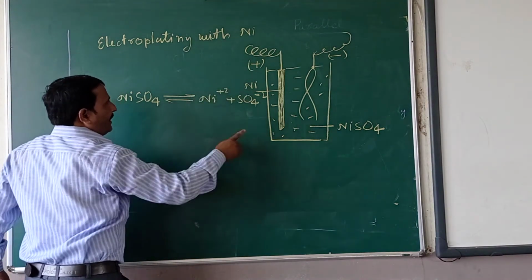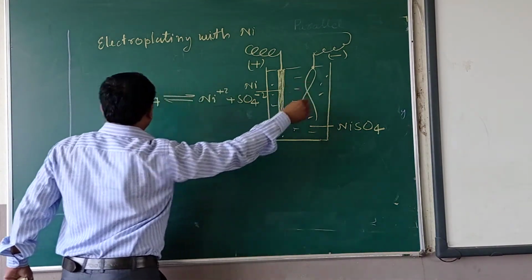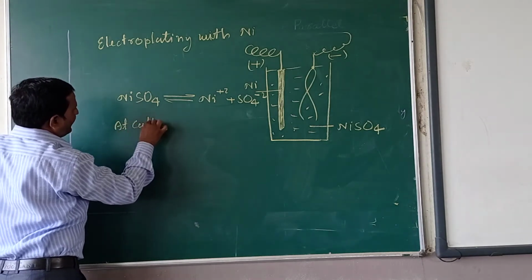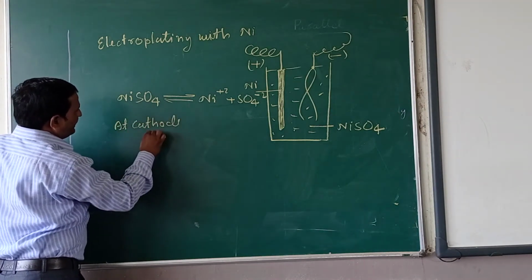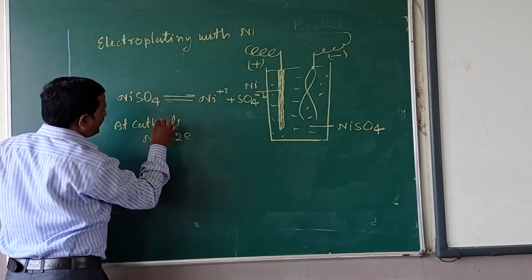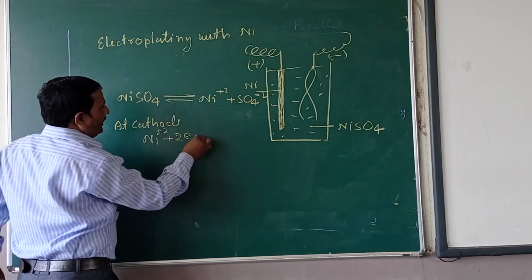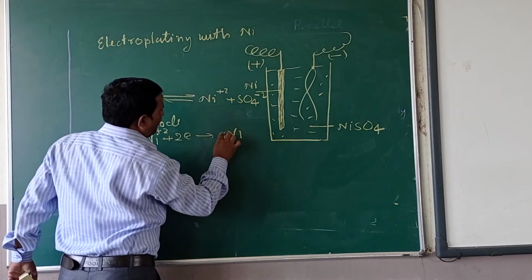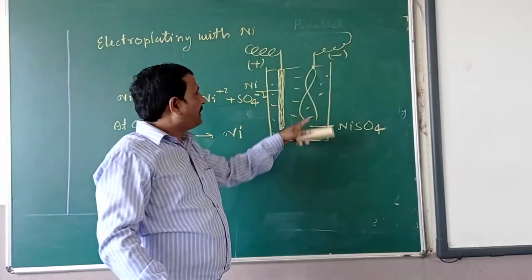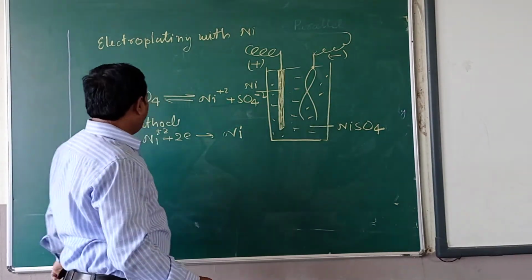Positive charge ions migrate toward the negative terminal, means nickel ion at the cathode gains electrons and forms nickel metal which is deposited at the cathode, means on this figure.